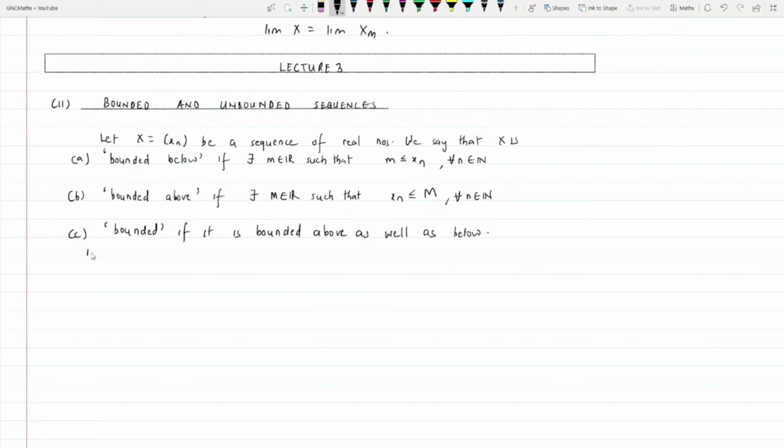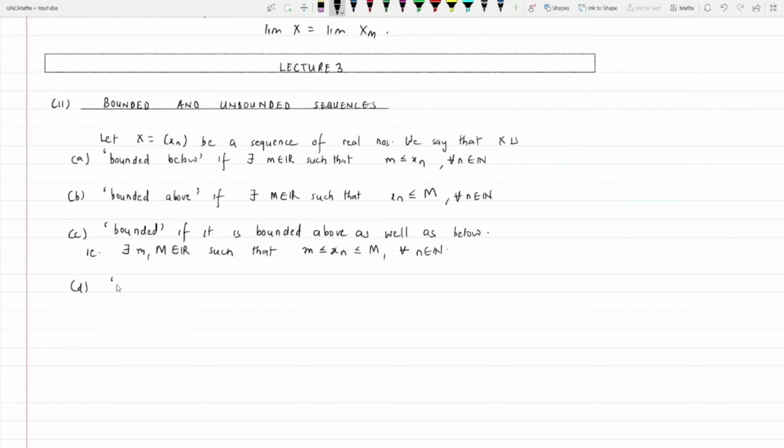So we can say that it is bounded if we can find real numbers small m and capital M such that small m is less than or equal to xn, less than or equal to capital M for every natural number n.